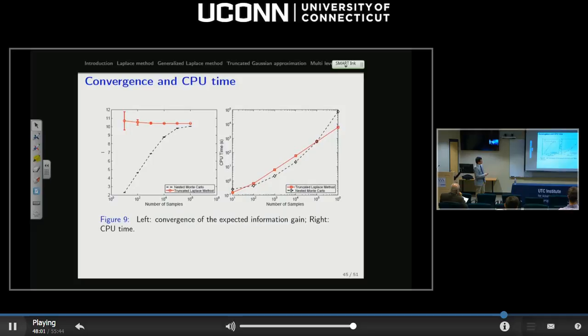So it's a huge reduction of the computation, and you get the same error, you get the same confidence. Okay? Remember that I have not sacrificed any confidence of the results. And you can see that the truncated Gaussian method scales linearly, right? If you look at this curve, but the nested Monte Carlo scales quadratically when the sample increases.